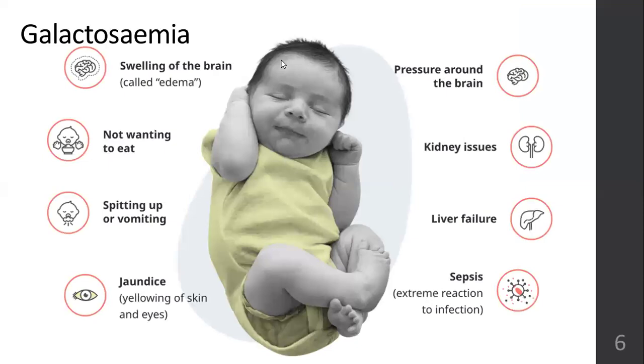So what are the symptoms that you see in a child? Swelling of brain, which is called edema. Pressure around the brain, the child does not want to eat, kidney issues, because even before diagnosing that the child has galactosemia, damage may have already happened, right?